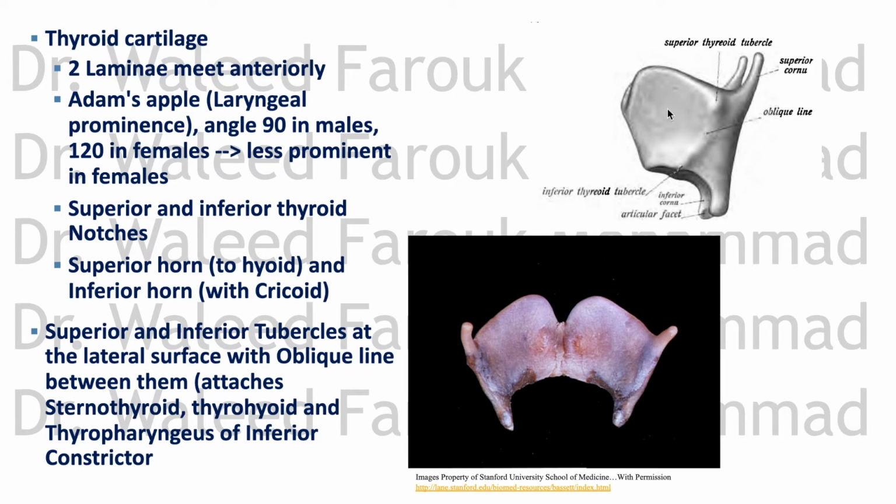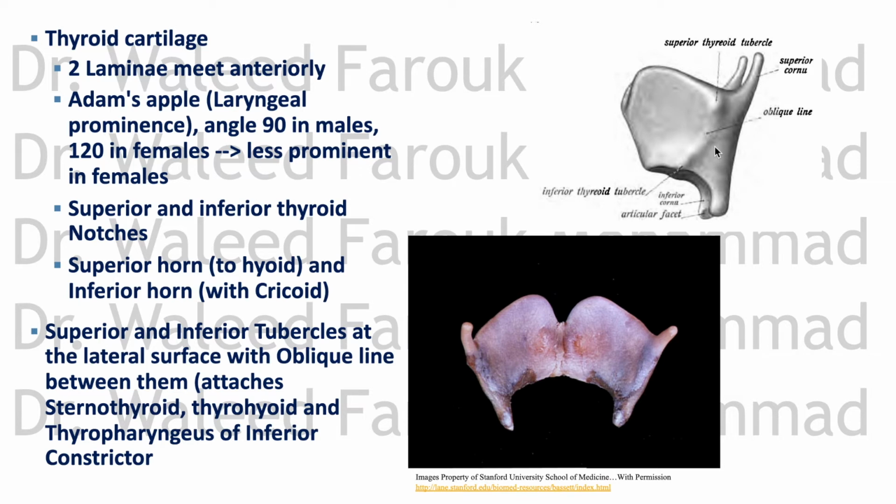On the lamina, we have tubercles, a superior tubercle and an inferior tubercle. Between the tubercles, there's an elevated ridge line called the oblique line, the oblique thyroid line. This is the one we were talking about in the pharynx when we discussed the thyropharyngeus, for example. It attaches to the oblique line going backwards.